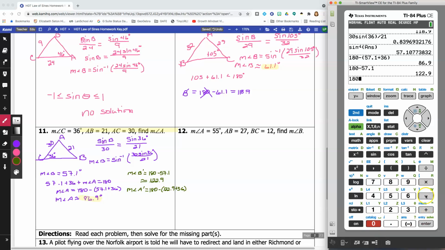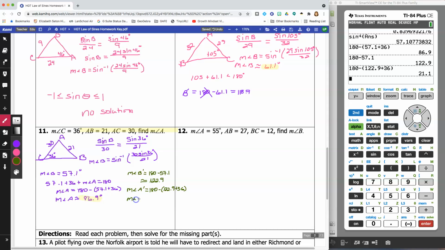So 180 minus the sum of 122.9 and 36. That is a positive number. It's 21. So that means that the measure of angle A prime is 21.1. So there are two solutions. There are two possible values for the measure of angle A. It can either be 86.9 degrees or it can be 21.1 degrees.